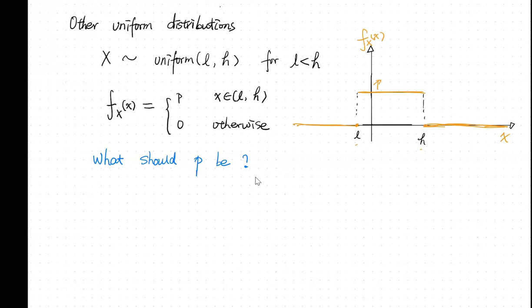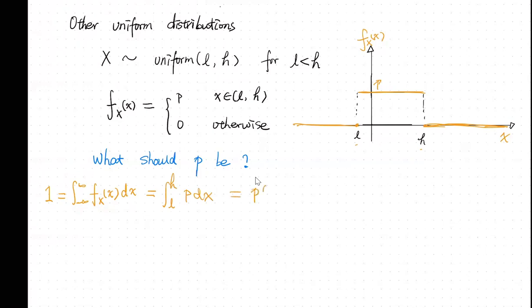So if we do an integral of the probability density function, that should give us 1. Now, what is this integral? Realize that the probability density function is only non-zero on the interval L to H. So this integral is simply the integral from L to H, P dx.